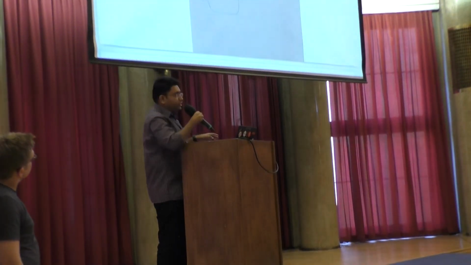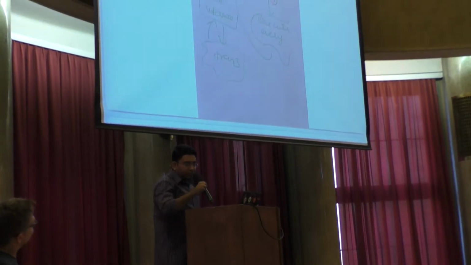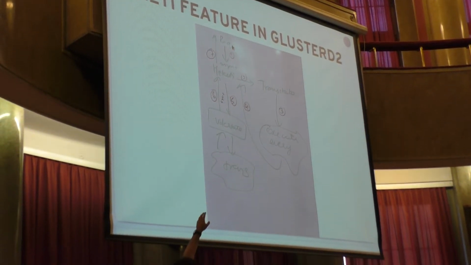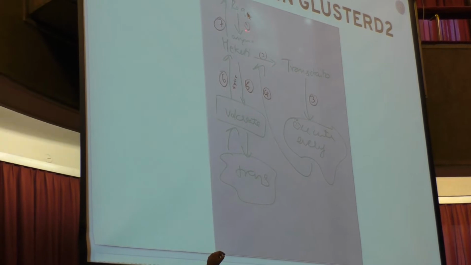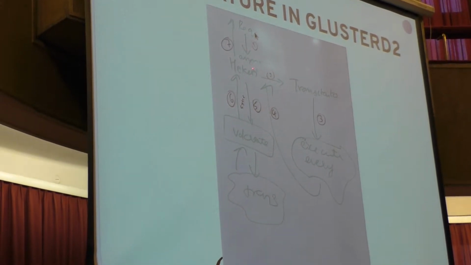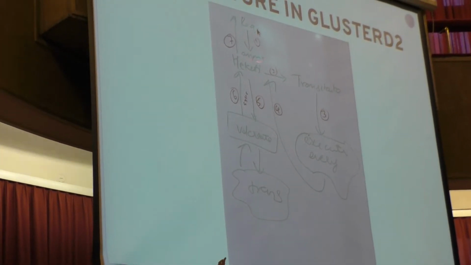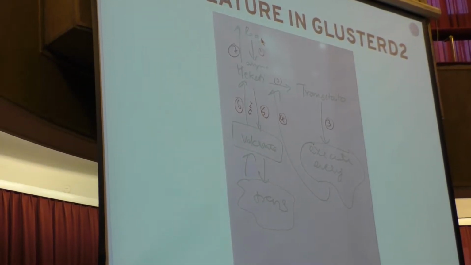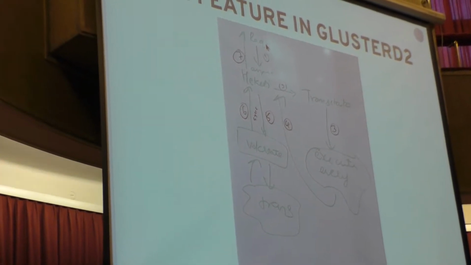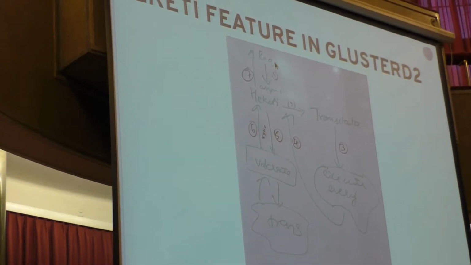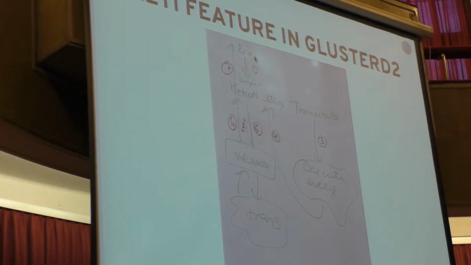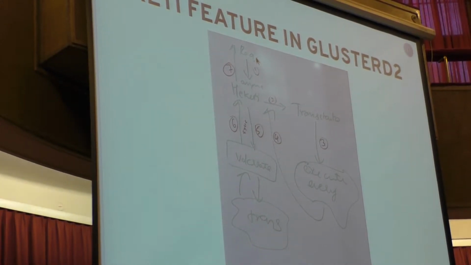This is a very crude diagram which we did about 4 months ago, visualizing how this would probably work. A volume create request comes in at the top, and there is a Heketi middleware which intercepts that volume create request. It looks at the request and checks for, say, a volume size key. If it finds a volume size key, then it is responsible for creating the bricks which match the volume size.